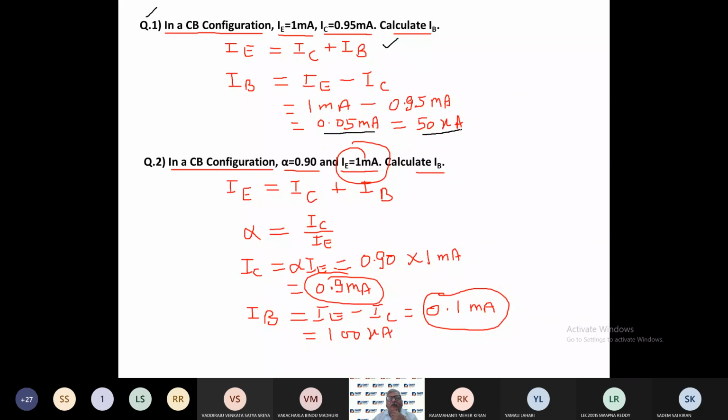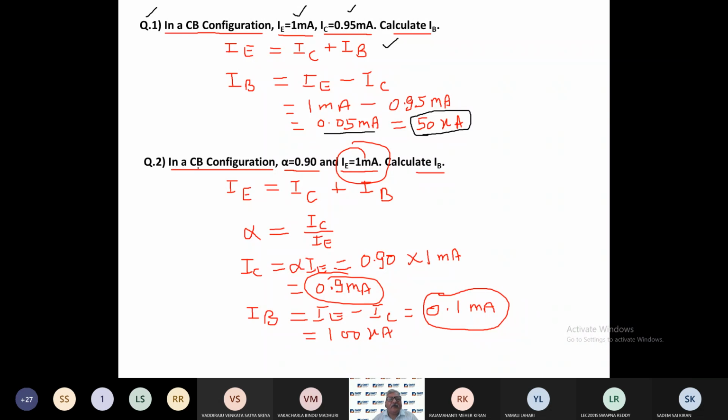That is very small, so we represent it in microampere. It is 50 microampere. You can see here IE and IC are almost equal, but IC is slightly less than IE and IB is very small. That's why we are representing it in microampere.